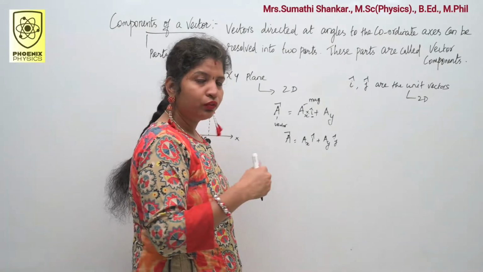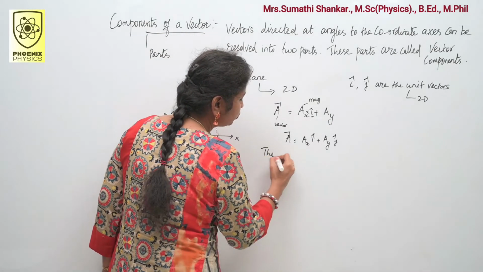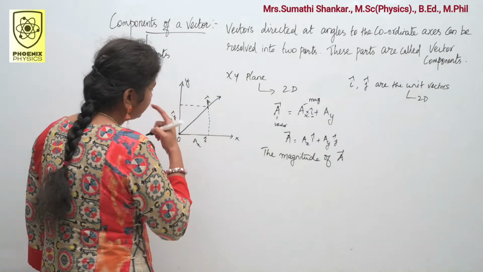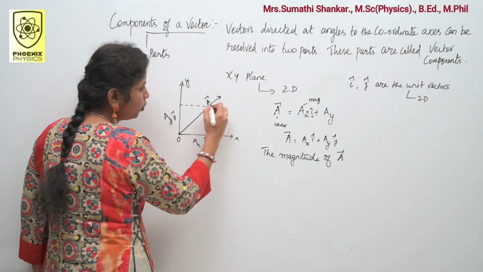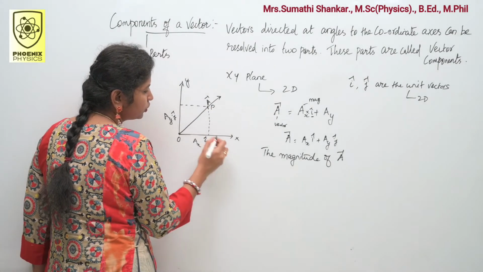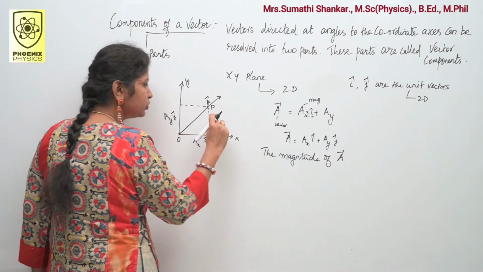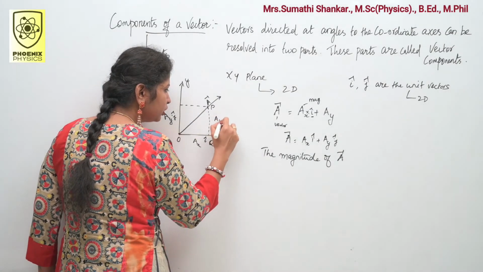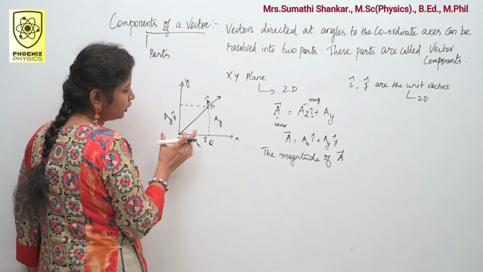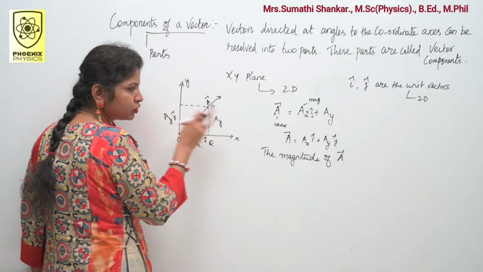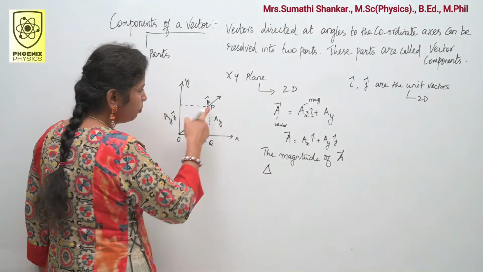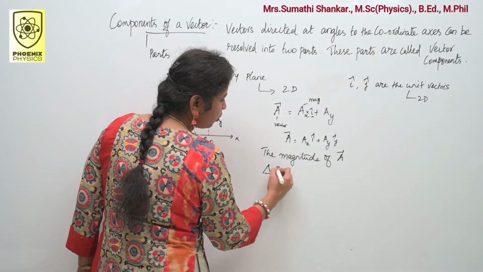Next we are going to find the magnitude of the A vector. How do you find the magnitude? Here you name the points O, P and Q. So this is Ay, and this is also Ay because both are parallel to each other. Now consider the triangle OPQ.